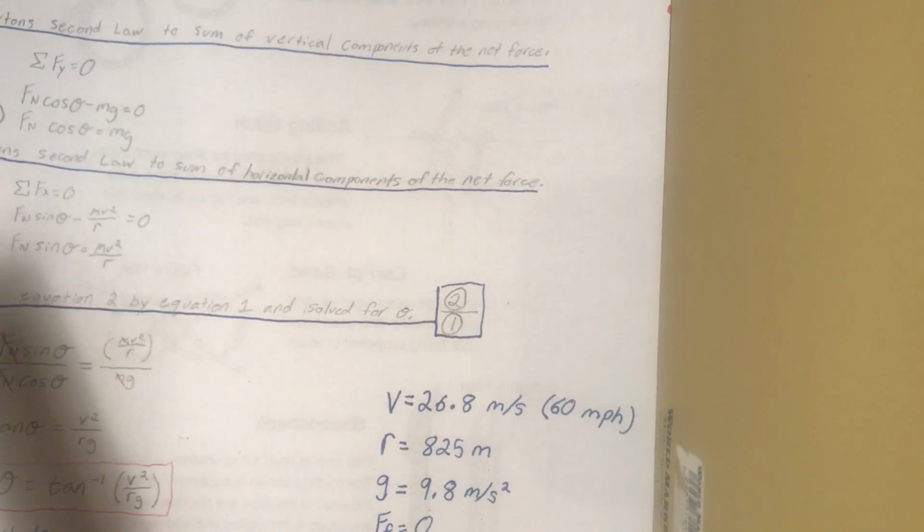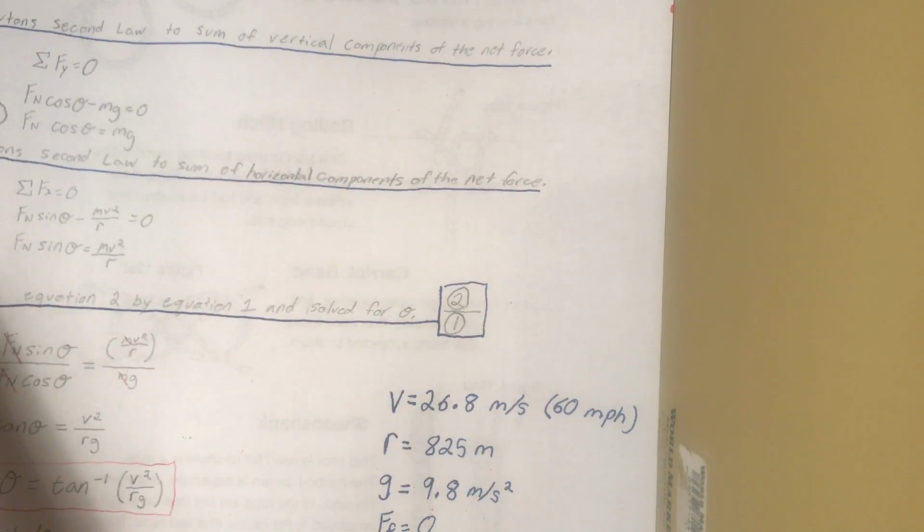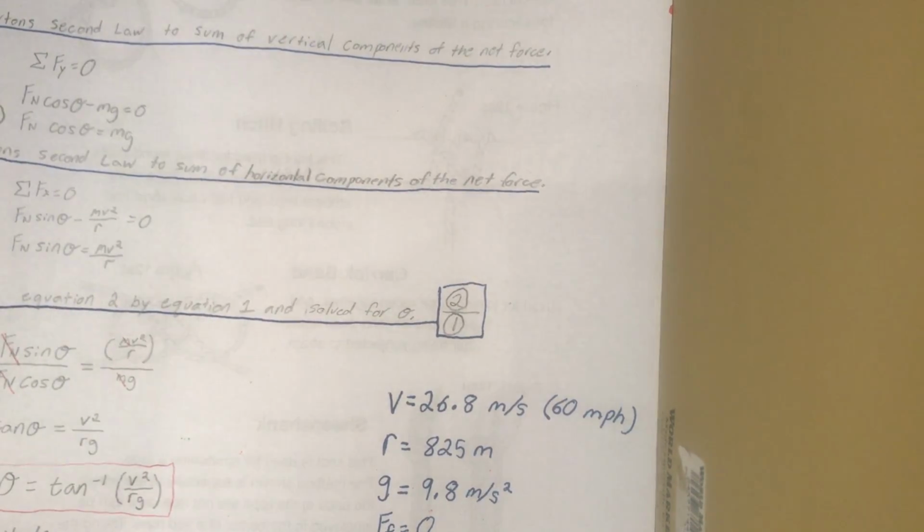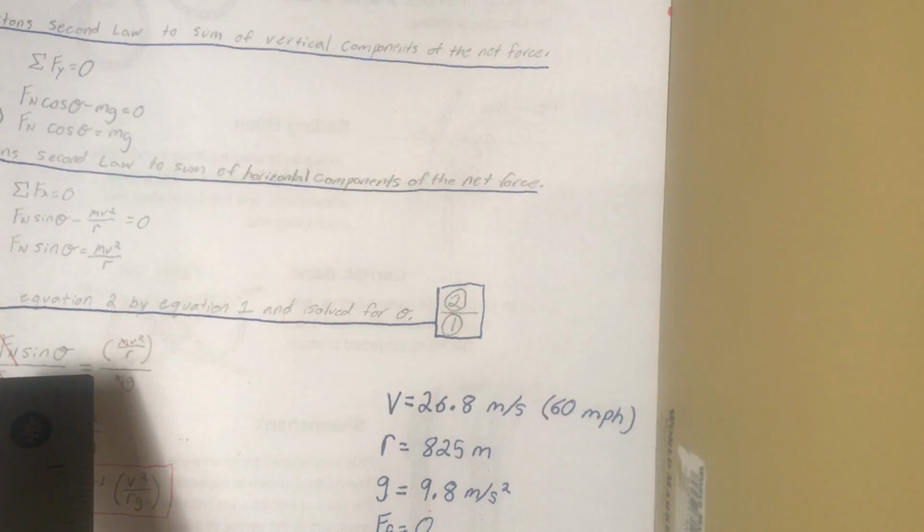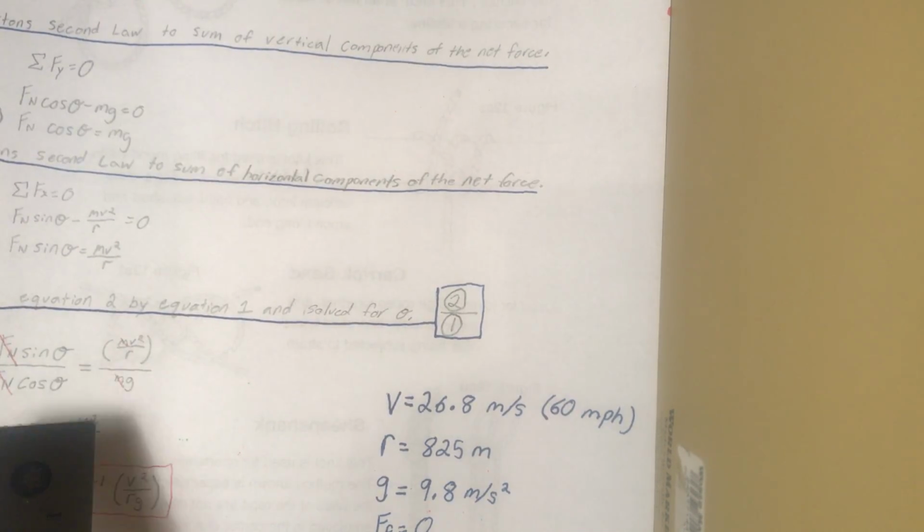And what I did was I divided equation 2, my second equation, which is my x equation, by my y equation. And that gave me normal force sine theta divided by normal force cosine theta equals mass times velocity squared over the radius divided by mass times gravity.